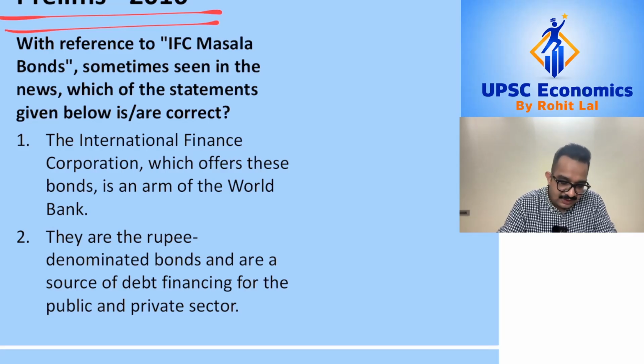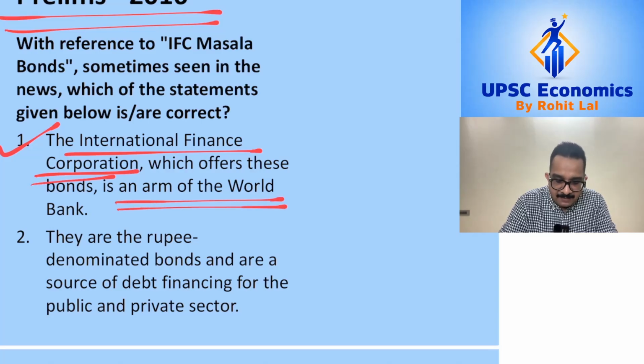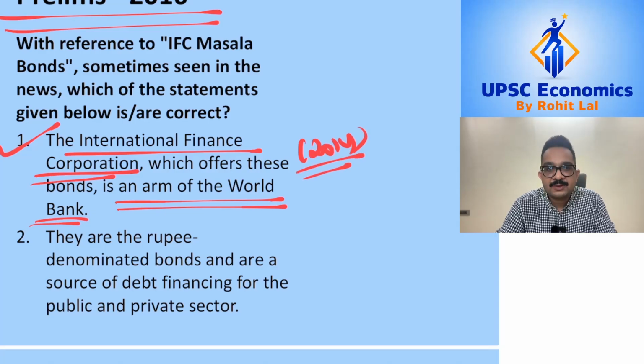So clearly, if we look at the first statement, as we've discussed in the video, IFC was the first organization, which is a part or an arm of the World Bank, which issued these bonds in 2014 so as to promote infrastructural development in India. So that's why this statement is clearly correct. Now, if you talk about the second statement, they are rupee denominated bonds.